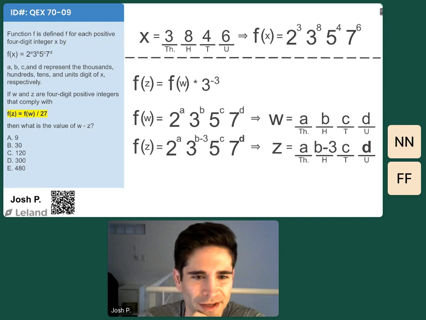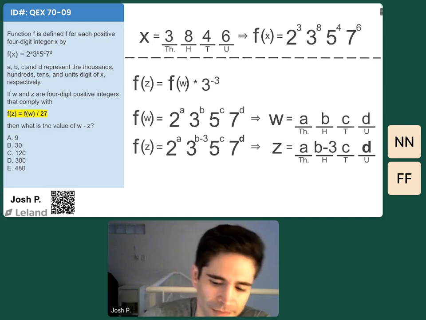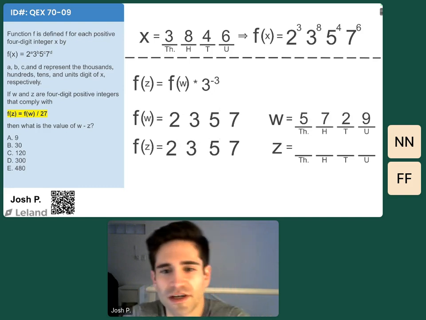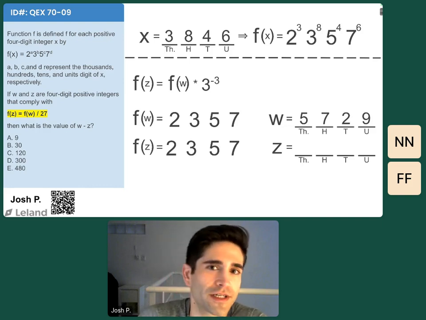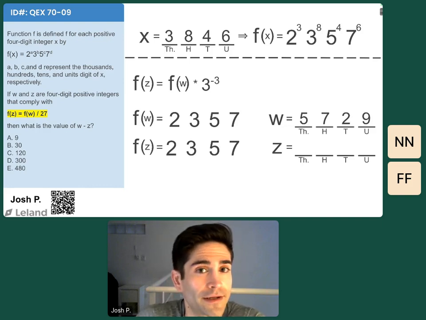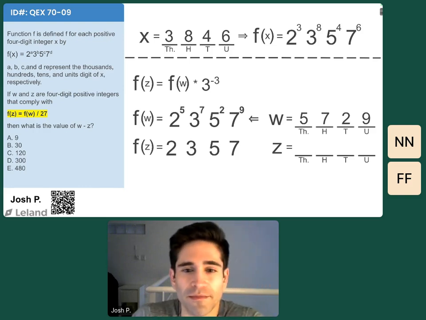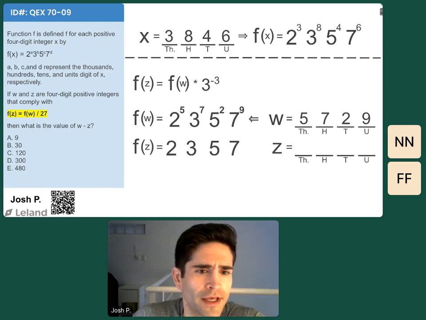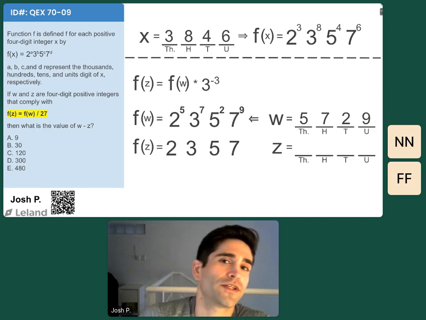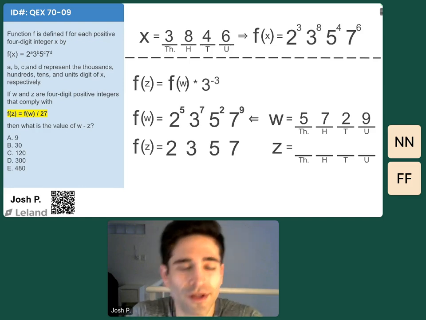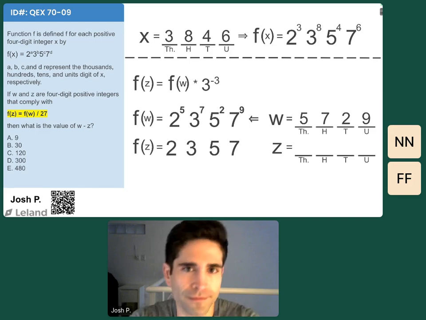So now let's make it more tangible. Let's say w is 5,729. That means the function for w is 2 to the 5, 3 to the 7, 5 to the 2, 7 to the 9.